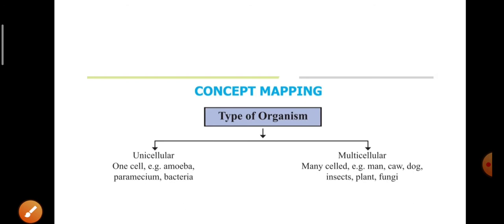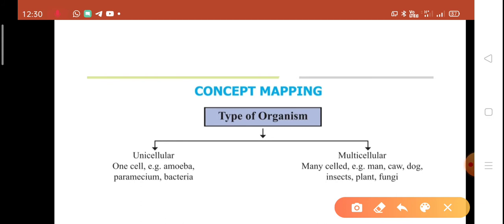So we can divide organisms into unicellular and multicellular. Unicellular means one cell, for example amoeba, paramecium and bacteria, and multicellular means many cells, from a few to billions. For example, man, cow, dog, and so on. On the basis of number of cells, we can divide organisms into two parts: multicellular and unicellular.